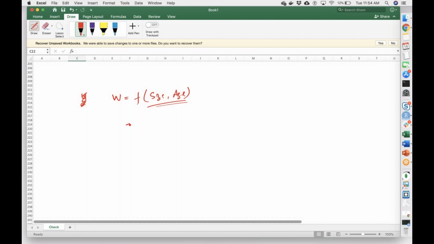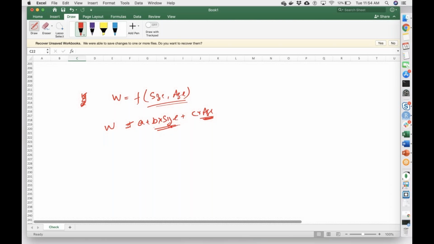Let's say you get an equation like this: weight equals a plus b into size plus c into age. In this example, let's say you put in the raw data and got these coefficients. Now if you want to understand the impact of size and age using coefficients b and c.